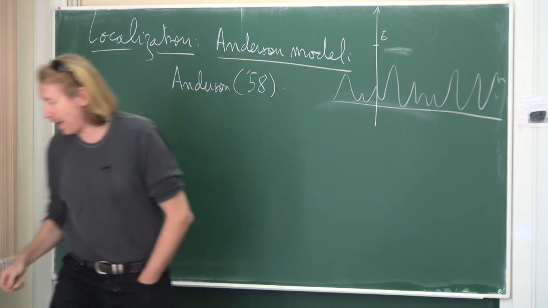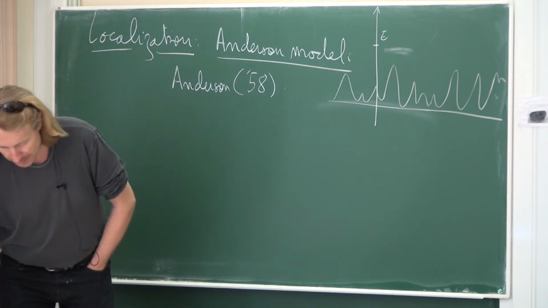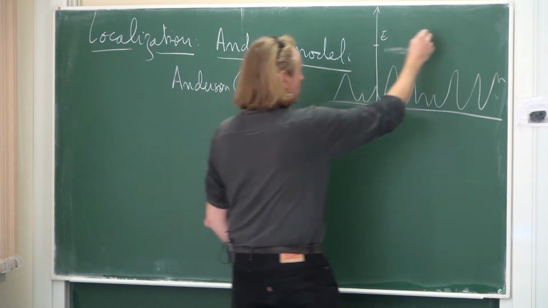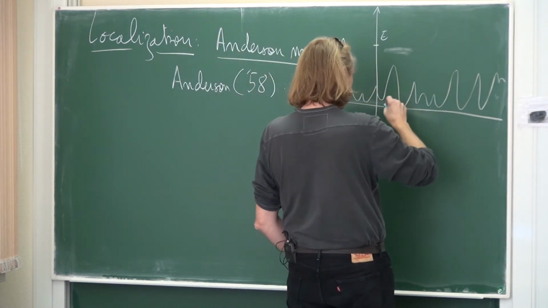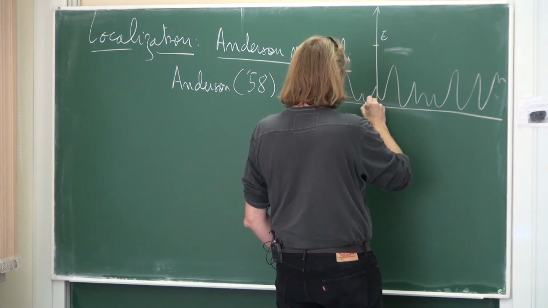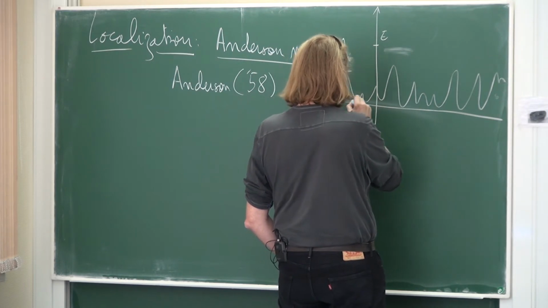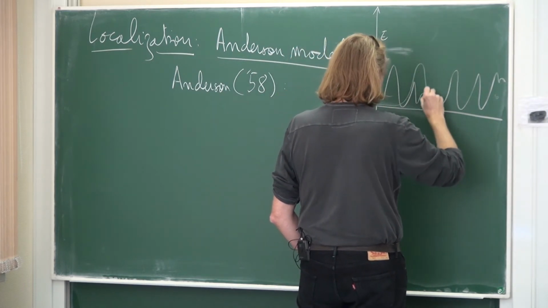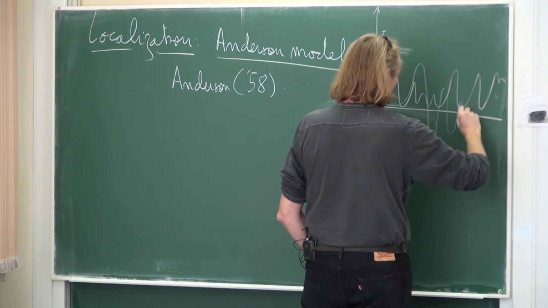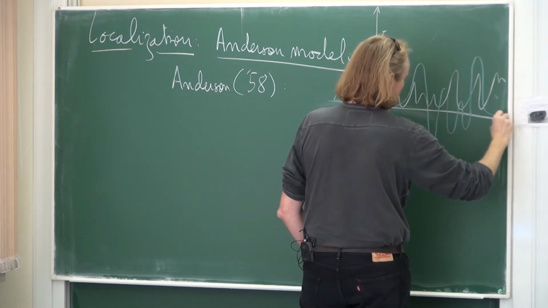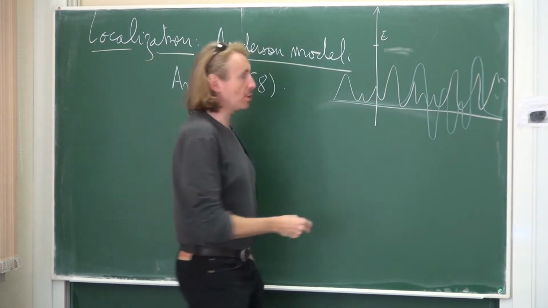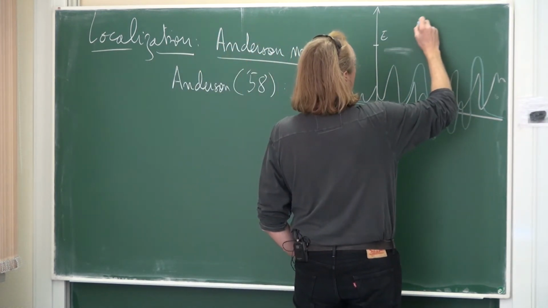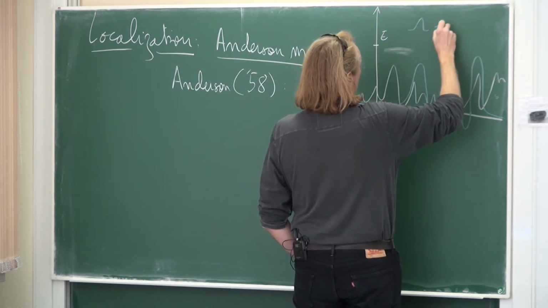So if I draw an eigenfunction associated to this energy, I'll draw it here. It's going to be localized, meaning that it's going to be L2 integrable. I draw something like this, because it's an eigenfunction. In blue.